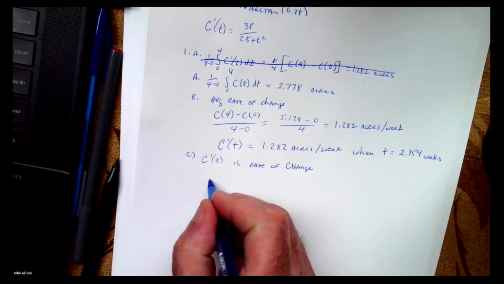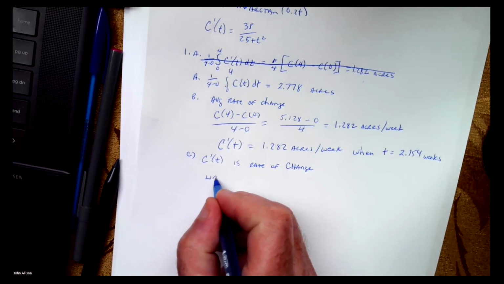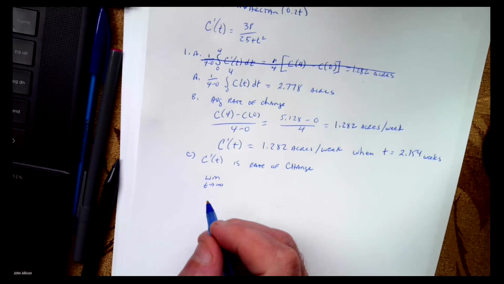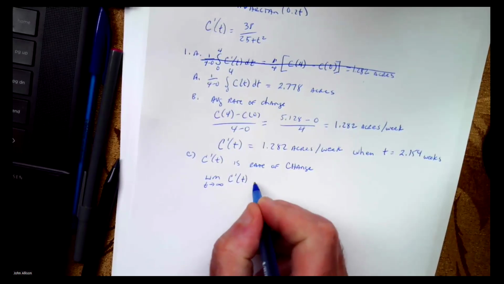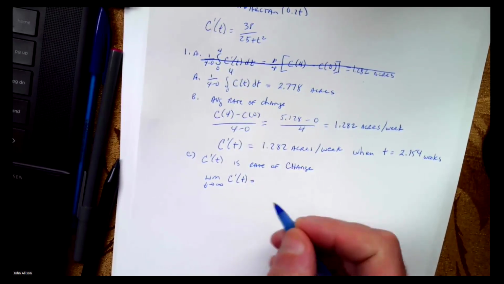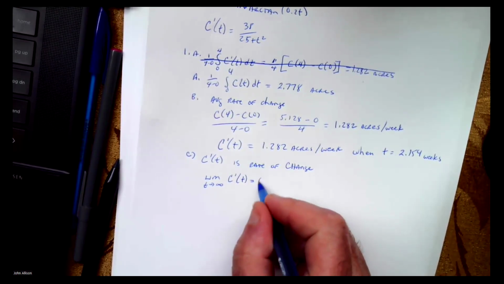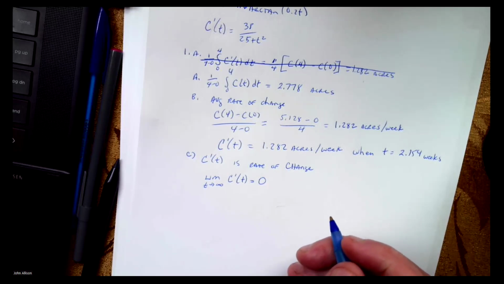And we can do this as a limit, and we can say that as T approaches infinity, C prime of T equals 0. A limit expression describes the end behavior of the rate of change in the number of acres affected by the species.